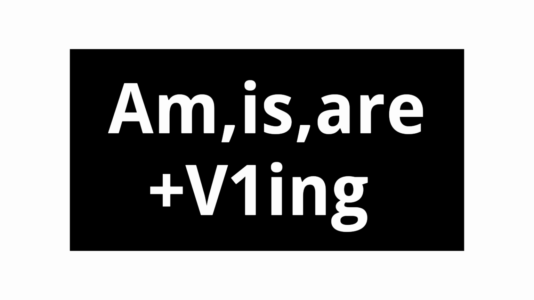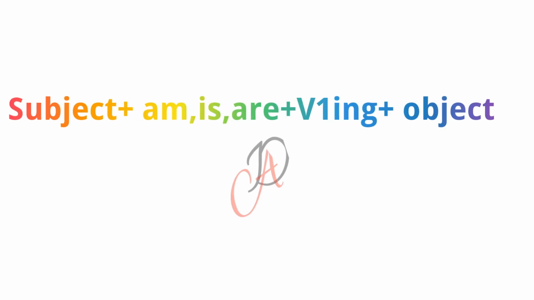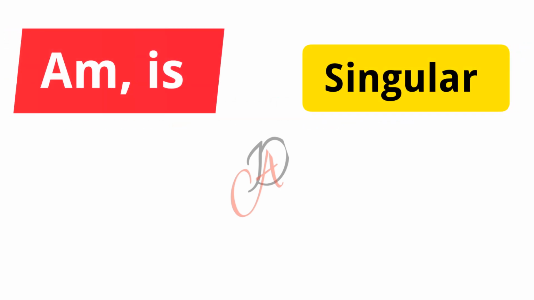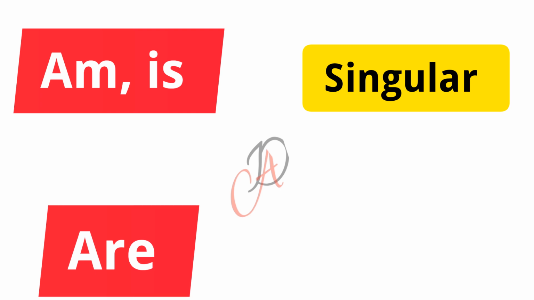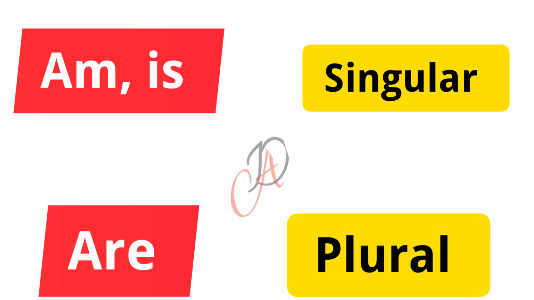That is subject plus am or is or are plus verb plus ing plus object is the structure of present continuous tense. So let's understand this in a still better way. Here am and is are always used in singular form, whereas are is always used with the plural form. So am, is, and are the three be forms that we use in present continuous tense.